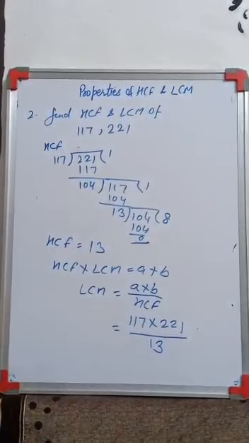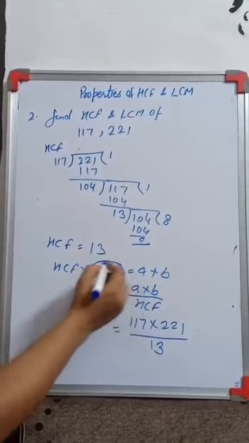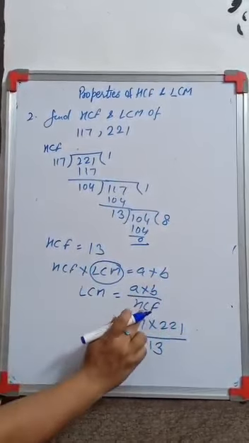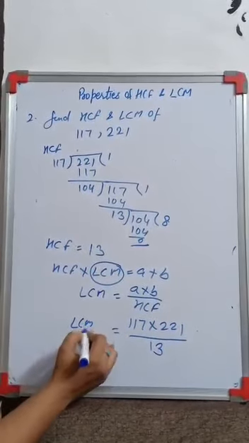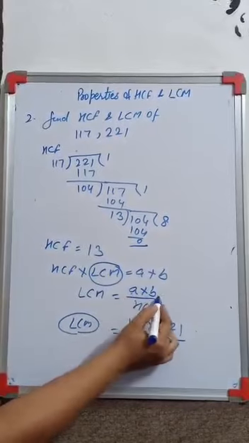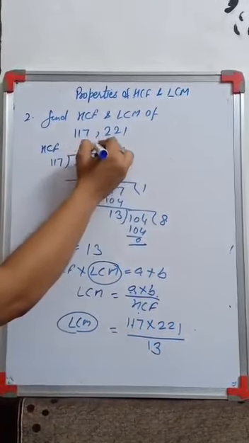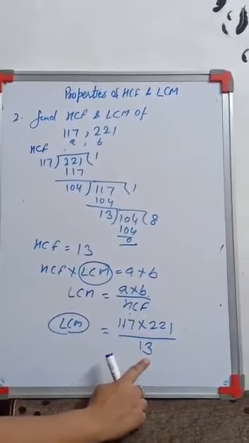Why have I done this? See, I was having the formula and I need to calculate this value. HCF is in multiplication, so when it shifts to this side, it becomes divide, right? As I need to calculate LCM, but I am having A, B and HCF. A is 117, B is 221, divided by the HCF.